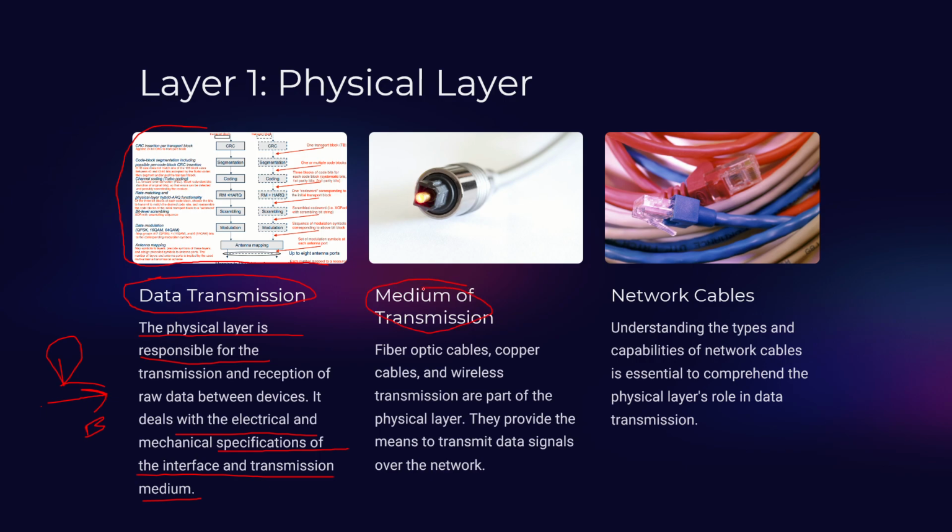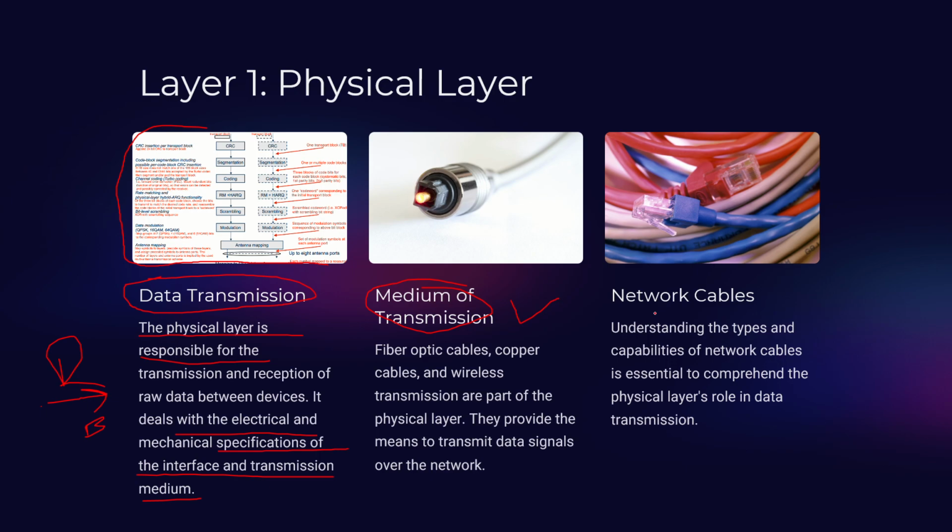Medium of transmission. So what are the different mediums of transmission when it comes to the physical layer? It may be optical fiber cables, copper cables, wire, or wireless transmission; these are different parts of the physical layer, because they provide the means to transmit the data signals of the network.